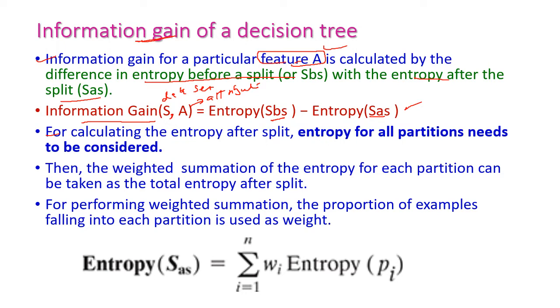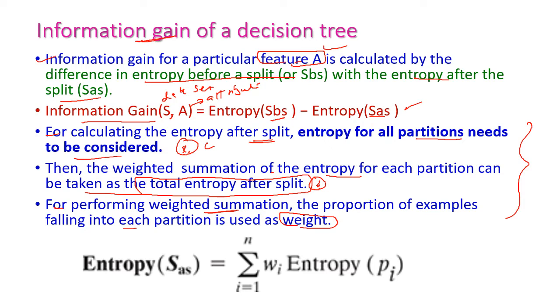Here for calculating entropy after split, the entropy for all partitions needs to be considered. This is important. The weighted summation of entropy for each partition is taken as the total entropy after split, and for performing the weighted summation, the proportion of examples falling into each partition is used as weight. We will understand all those things while seeing the example. Now the formula for entropy after split is summation of i equal to 1 to n of wi times entropy of Pi.